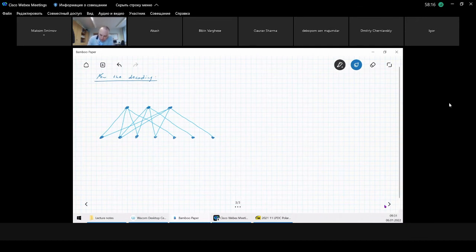Yes, of course, we again look at the 7,4 Hamming code. And we need to introduce some more variables here. So first of all, we need an index on the check nodes.